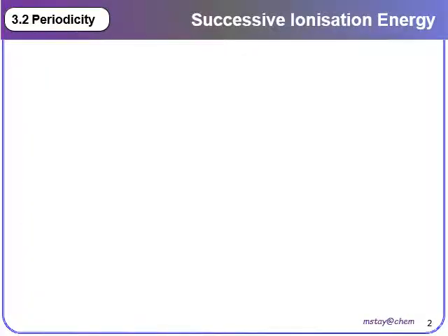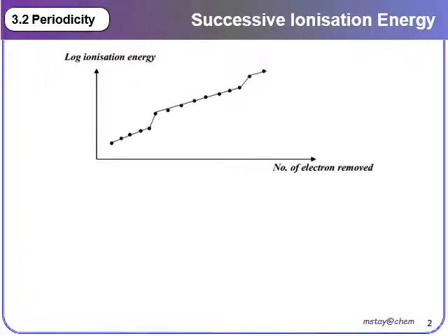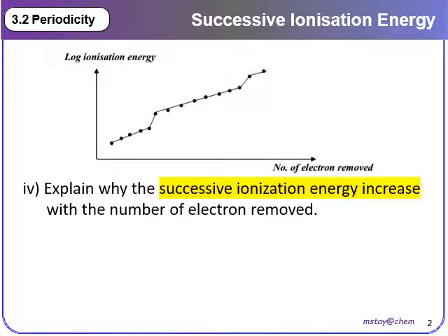Last part of question number 5b, we are still based on this graph. Explain why the successive IE increases. The keyword here is increase. This one, we already identified, is the first electron to be removed. The more electrons that you remove, the greater the ionization energy. Now they want us to explain why.